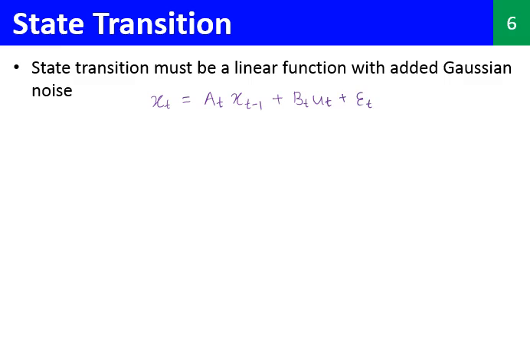Here these are the state vectors at t minus 1 and t. Then here we have the control vector, and this is Gaussian noise. Altogether we have linear dynamics.